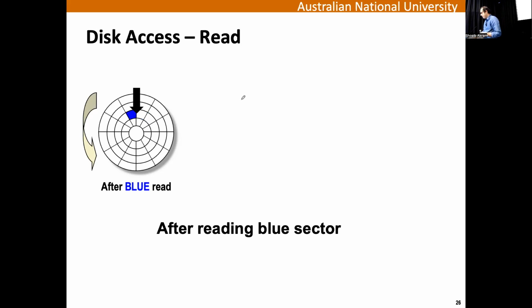Simply a transfer. Now imagine the application then says, hey, I want something on the red sector. Now this is a random access, okay? In the case of RAM, the application will see the same latency for accessing the blue sector and the red sector. What is the first thing that needs to happen here?